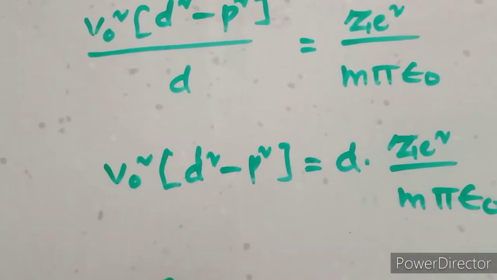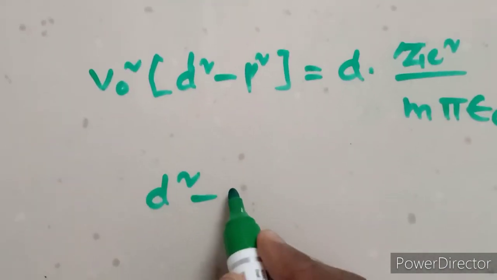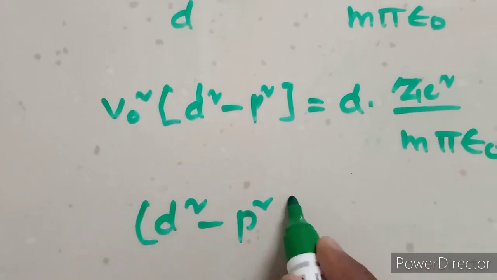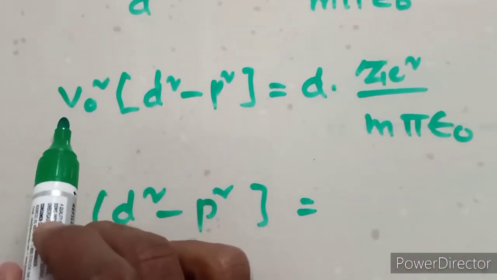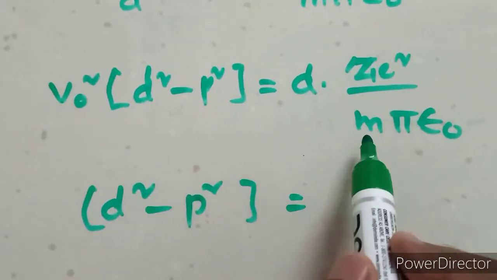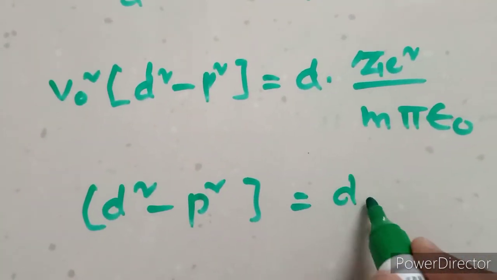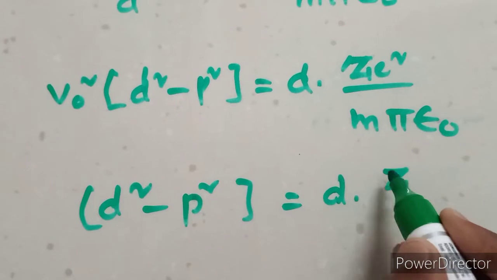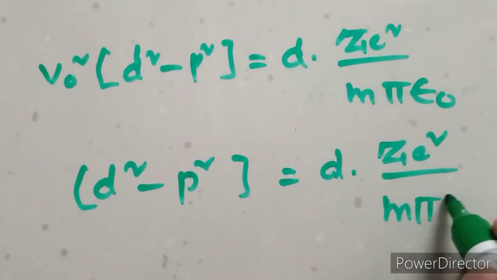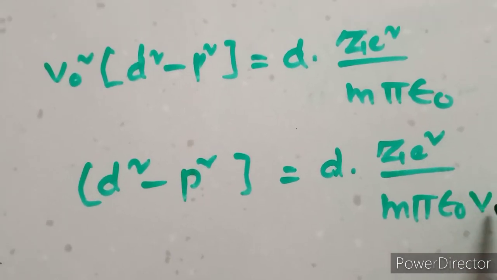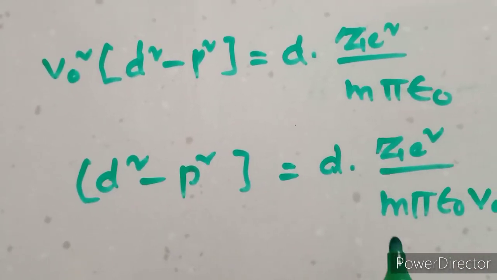This equation can be written as d square minus p square equals d into Ze square upon m pi epsilon naught v naught square.